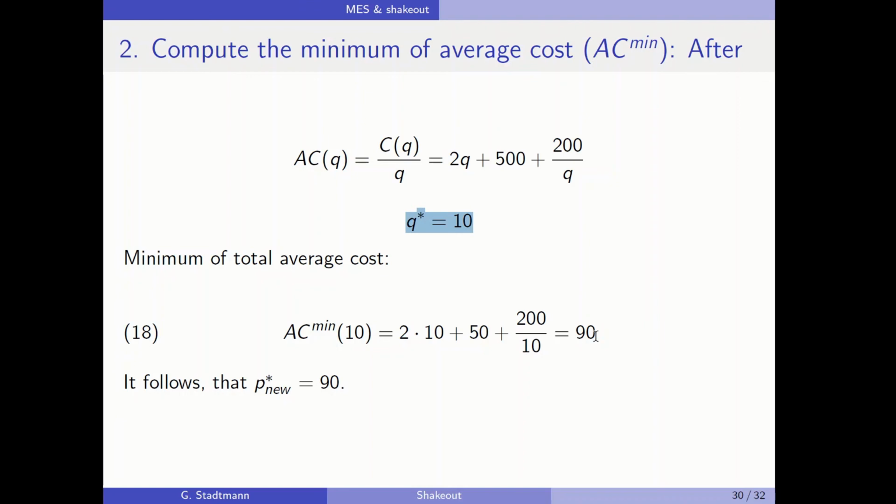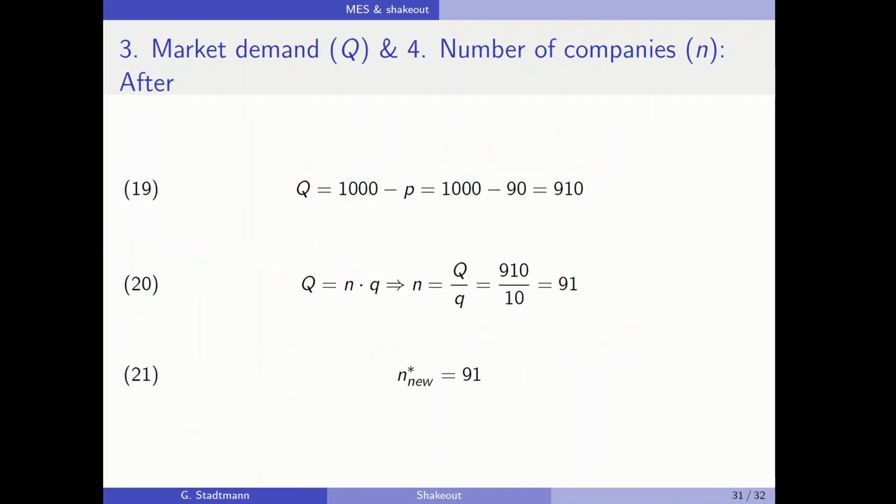So it follows that after the innovation has taken place, the price will decrease from the level of 140 to the level of 90. The price decreases in this market. When the price decreases, of course, the quantity demanded will increase. So when the price is equal to 90, the quantity demanded is equal to 910.